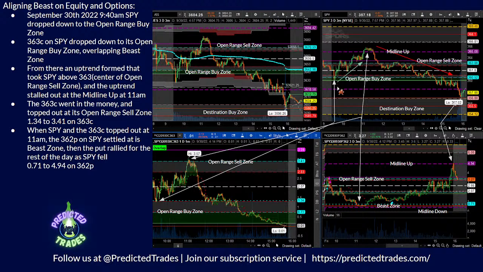And when you put it on both your option and equity, you see things line up. For the long in the morning, those hit the buy zone first, so we take those. Just like SPY hit the buy zone first, and we ride that up. But then there's a key point in the day where if we start to lose our buying power, our buyers that are sending us up, we're going to fall back down. Those puts at that exact moment in the day are at a buy zone.